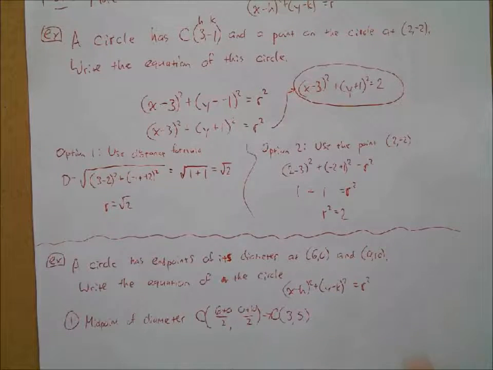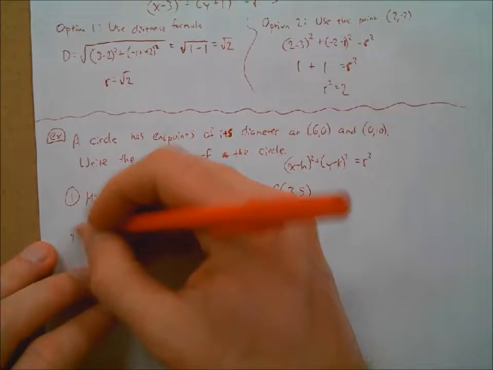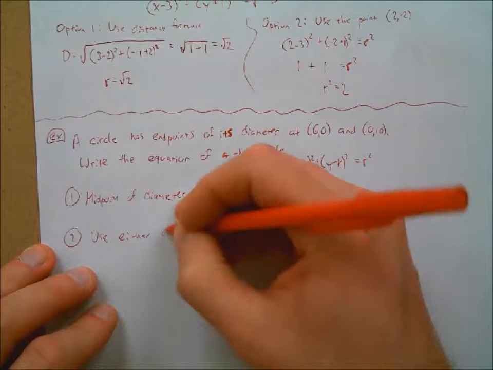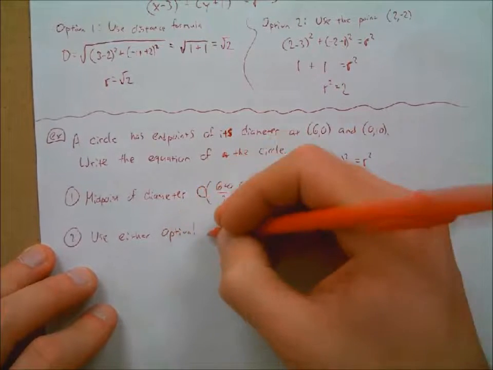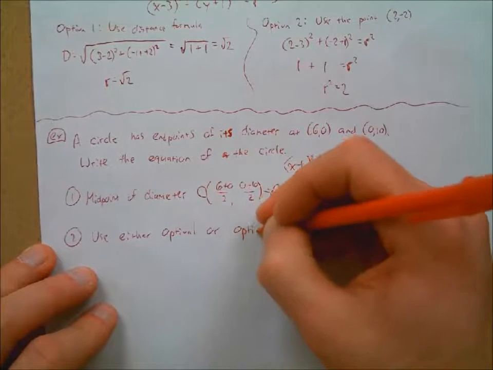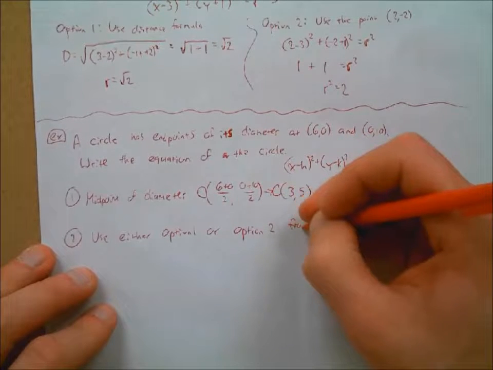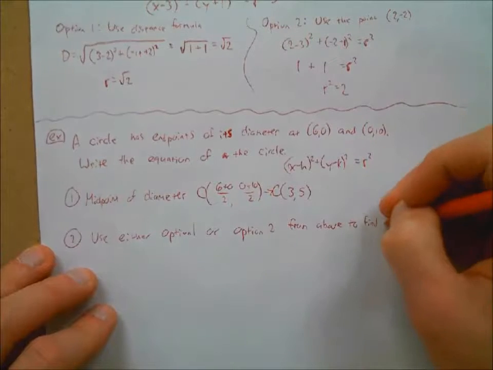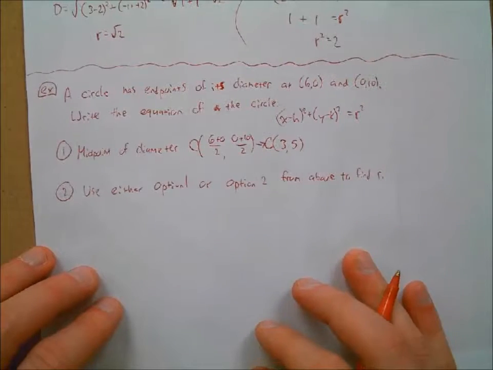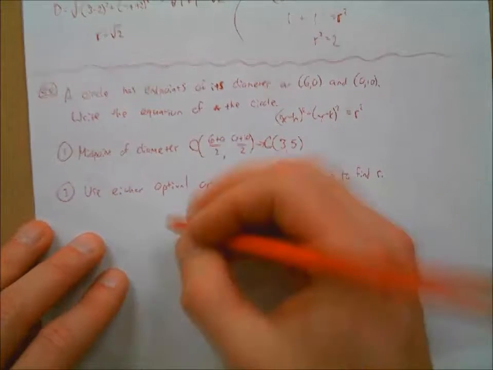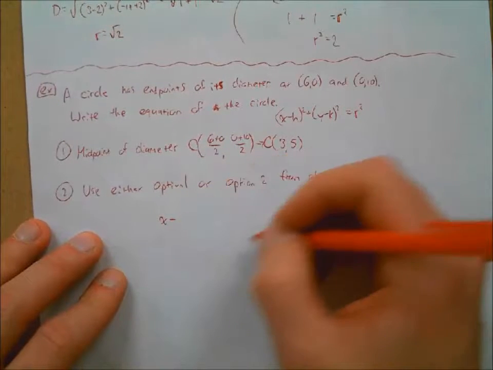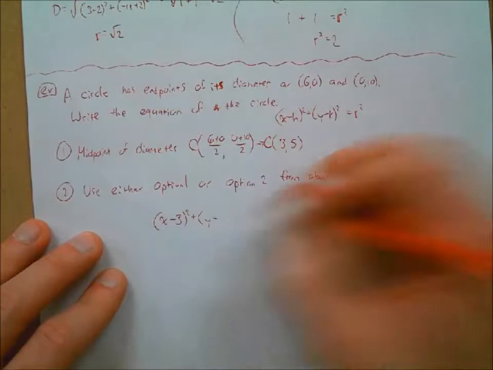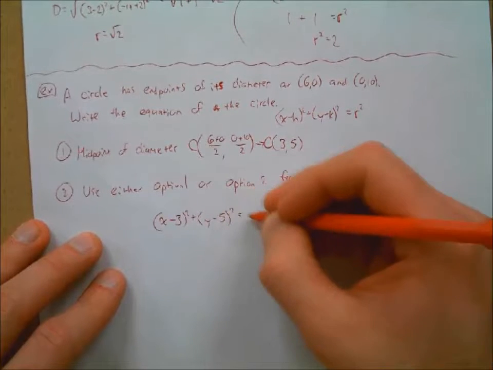So I'll use option 1 or option 2 from above to find r. I'll use option 2 here. So I'll say x minus 3 squared plus y minus 5 squared equals r squared.